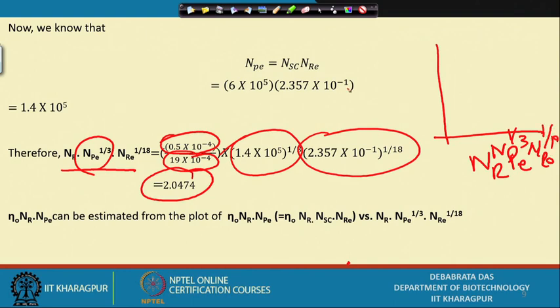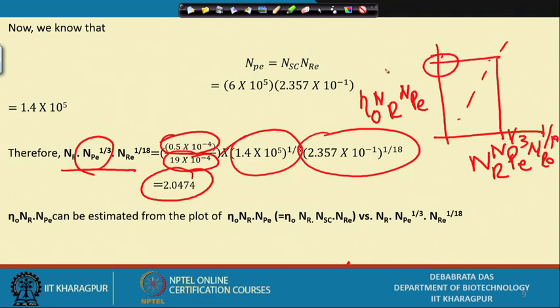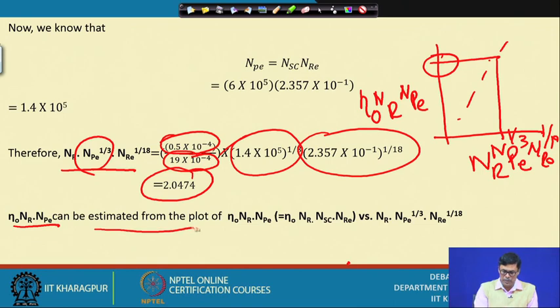So this is correlated with eta 0 in N_R and in N_Pe. So if you have a curve like this and you know this value, I can find out the corresponding value. So eta 0 versus N_R and N_Pe can be estimated from the plot for this versus this. Okay.